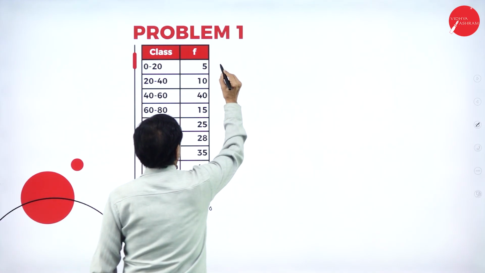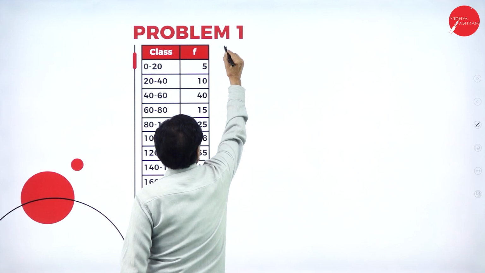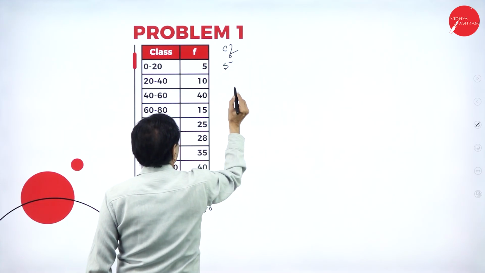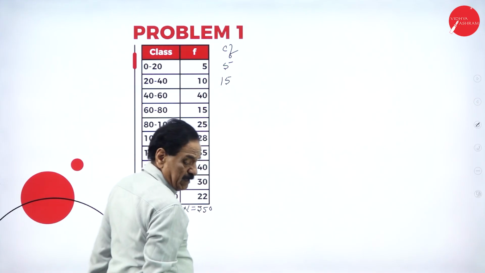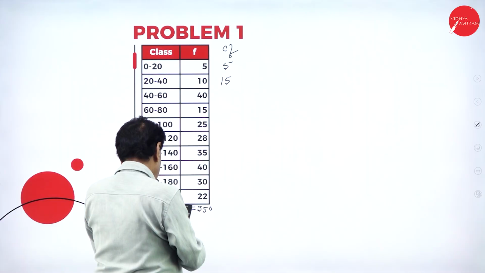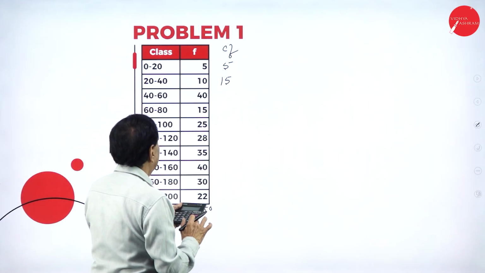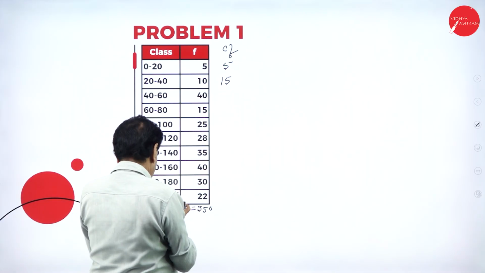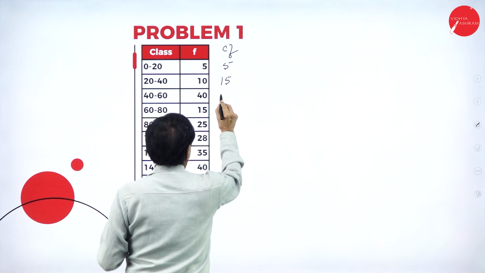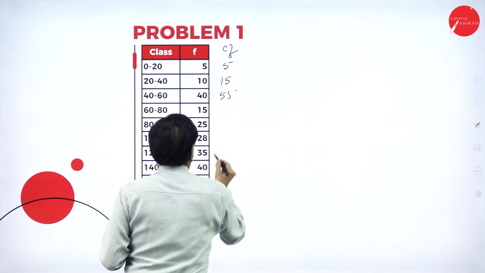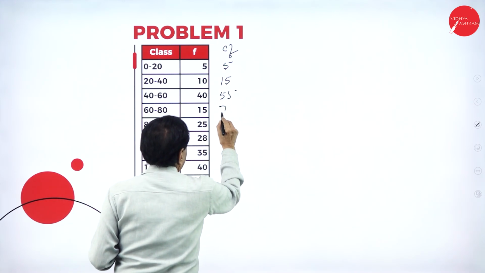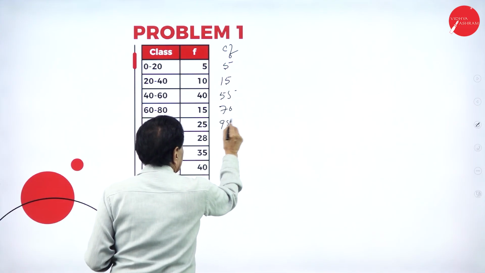Make the CF, cumulative frequency. What is the first number? 5. Add 10, 15. Add 40, so 15 plus 40 is 55. 55 plus 15 is 70, plus 25 is 95.